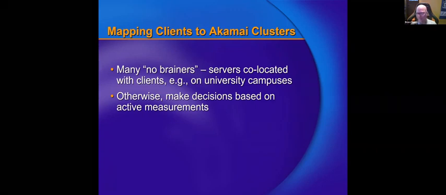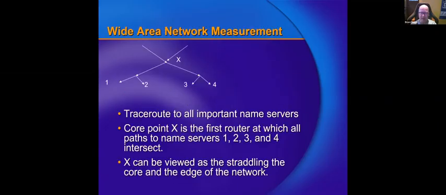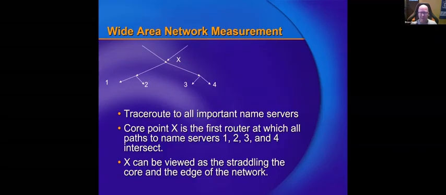But forgive me for saying we. Sometimes Akamai has to make a decision. And the way that's done is through a gigantic active measurement campaign that goes on around the clock to figure out, for each group of users, which of Akamai's clusters are currently seeing the shortest latency.